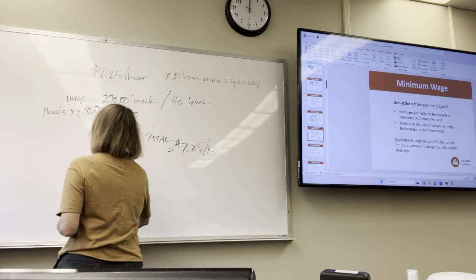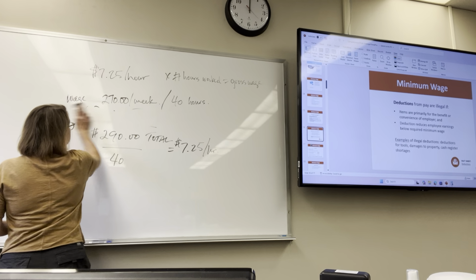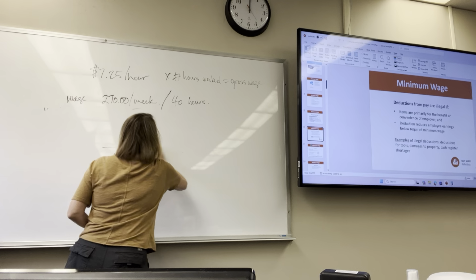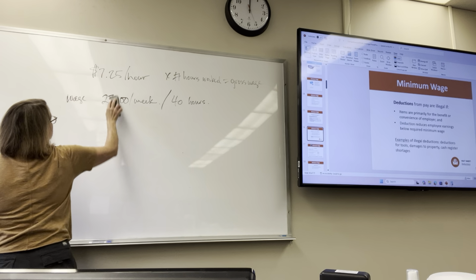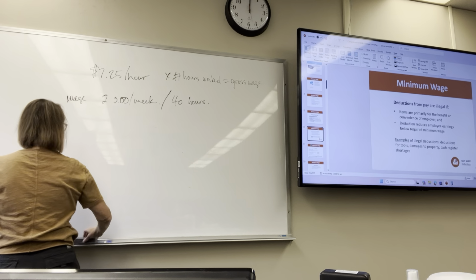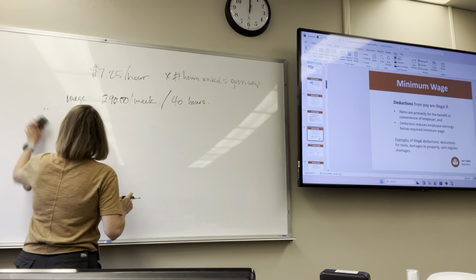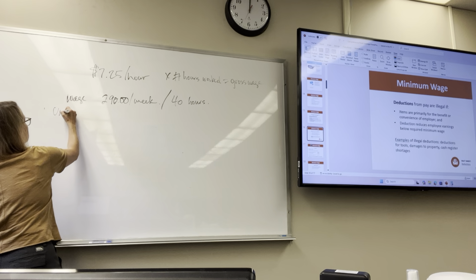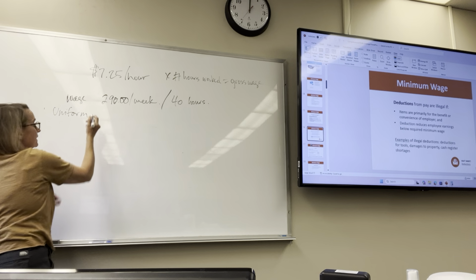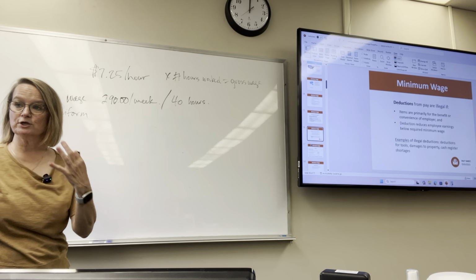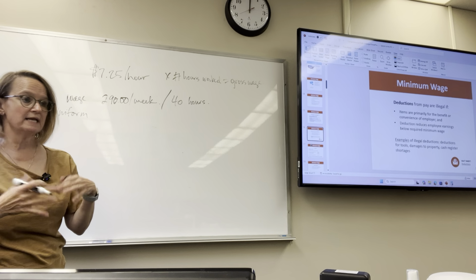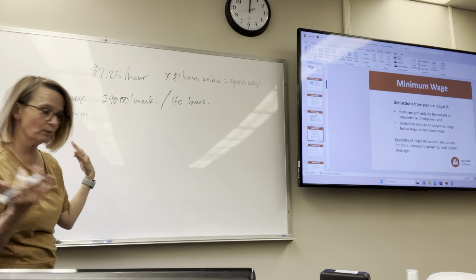So an example, instead of the meals, let's do this. Let's bring this back up to 290. So 290, and let's say we have a uniform that the employer is requiring that you buy, and it's not just anything that you could wear anywhere.